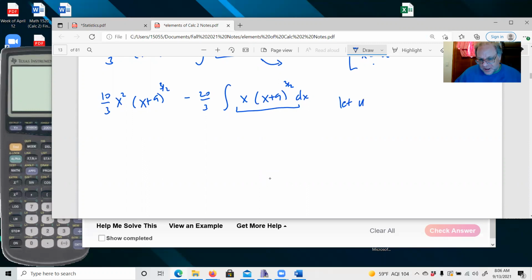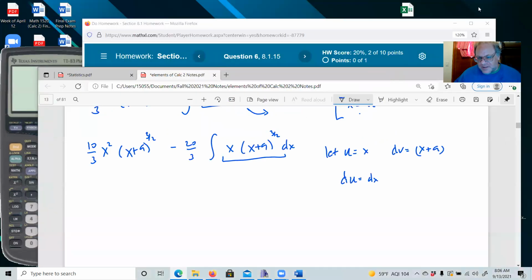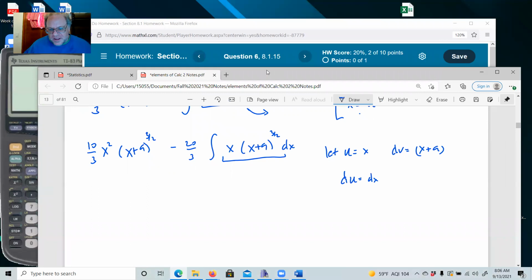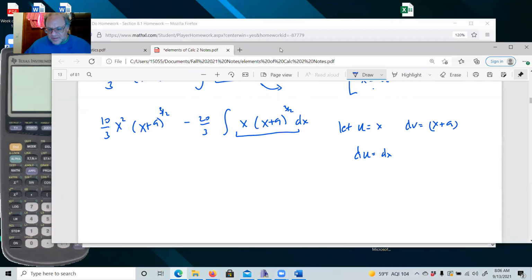We set u equal to x, du equal to dx, dv equal to (x plus 9) to the 3 halves. So v is equal to 2/5 times (x plus 9) to the 5 halves.